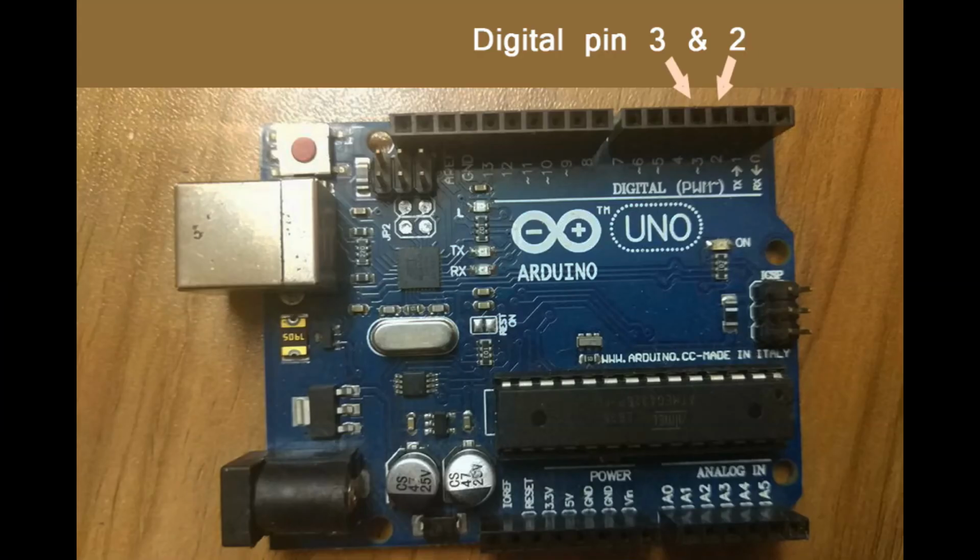In Arduino UNO, digital pins 2 and 3 support the attachInterrupt function. However, it cannot execute the data simultaneously. So that is the problem: we cannot get the data of the two sensors simultaneously.